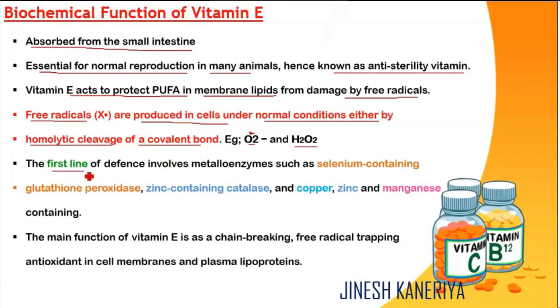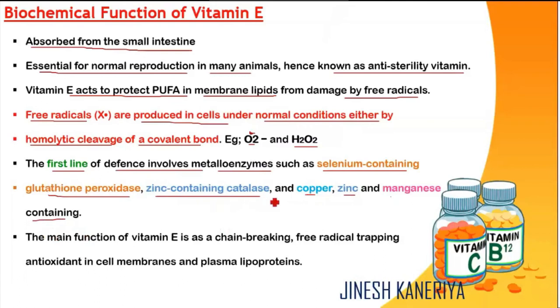The first line of defense involves metalloenzymes, such as selenium-containing enzymes like glutathione peroxidase, zinc-containing catalase, and copper, zinc, and manganese-containing enzymes. These are involved in the defense mechanism in which metalloenzymes are available.